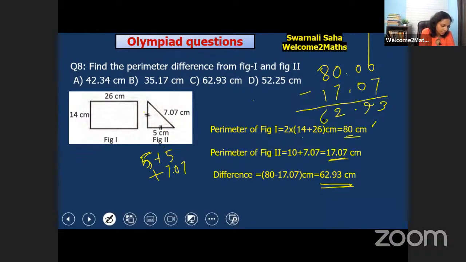Yes, very good. C is the right one. C is the right one. 62.93. Okay. So now next question. Question number 8, hope you understood. Perimeter 1 and perimeter 2. Just in this way we have to find out, and then we have to do just a subtraction.